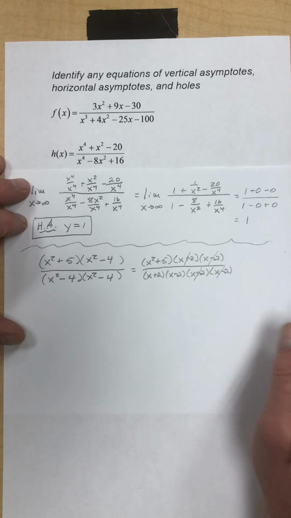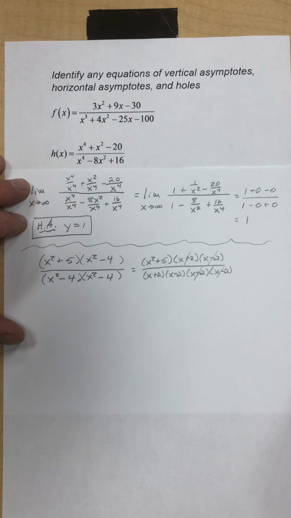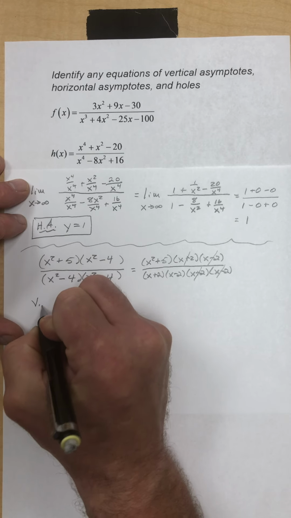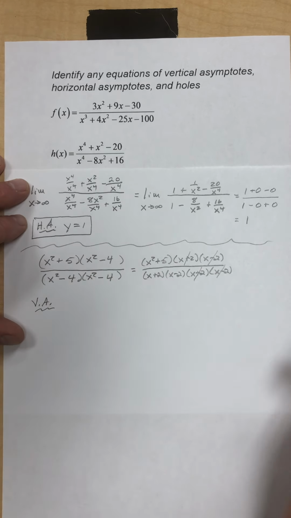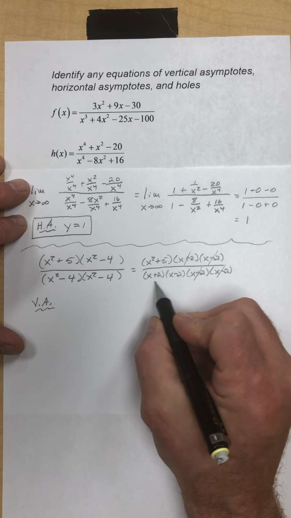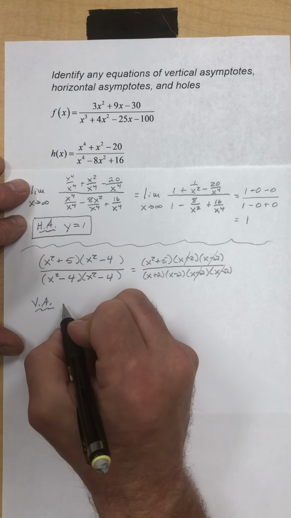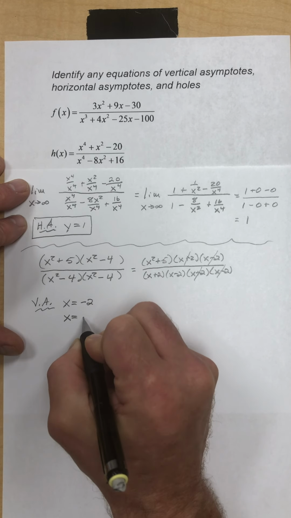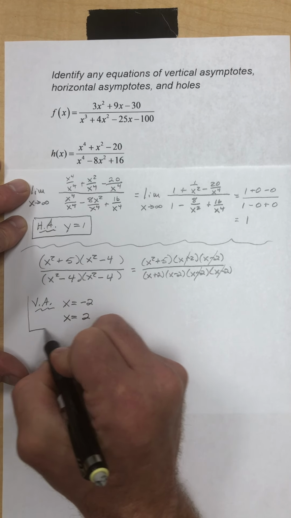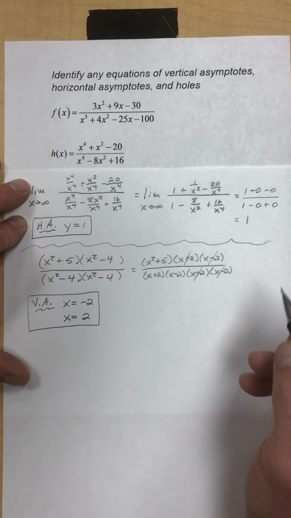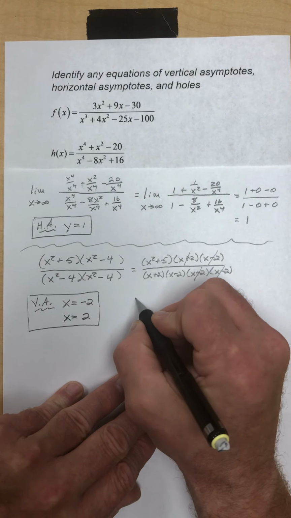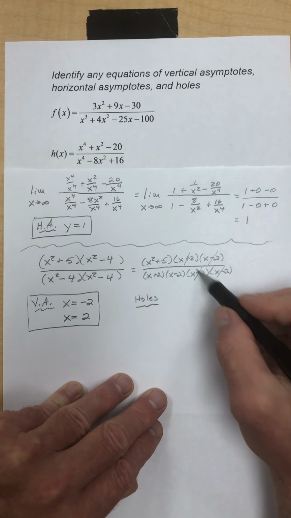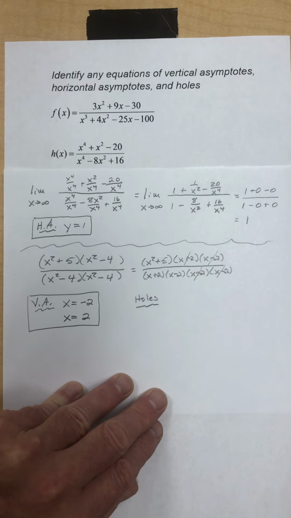And notice that I still end up with vertical asymptotes. So vertical asymptotes right here, I still end up with a vertical asymptote at x equals negative 2 and x equals positive 2. So I do get vertical asymptotes. And we're thinking, well, there's got to be holes there because the x plus 2's and the x minus 2's cancel each other off.